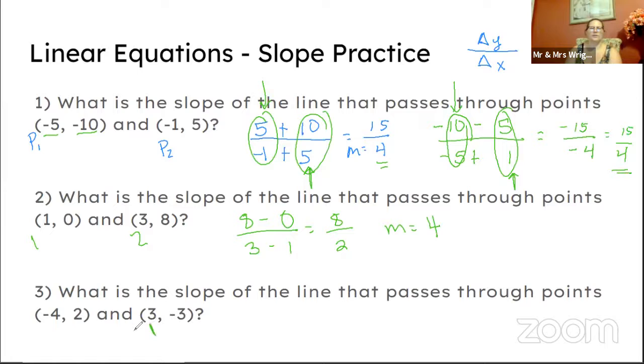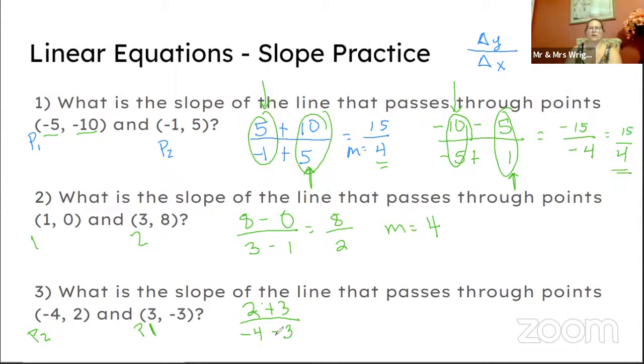All right, what is the slope of the line that passes through these two points? I'm going to label this point 1 this time, and this one's going to be point 2. All right, so negative, oops, nope, got to be careful. My x's don't go on the top. What goes on the top? Y's go on top. Change in y over change in x. So I'm going to start with 2 here. And negative 4 goes on the bottom. My subtraction signs are next. Y's first. Negative 3 becomes plus 3. And on the bottom, it's a positive 3.